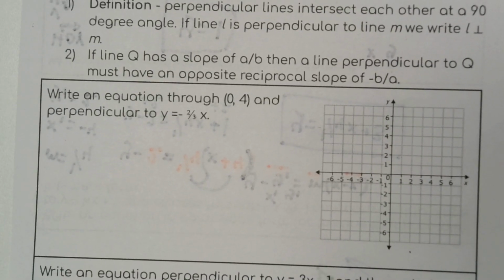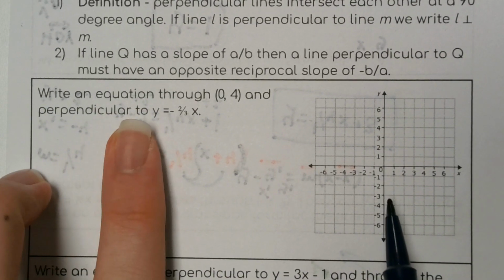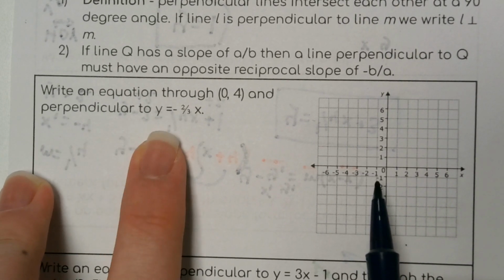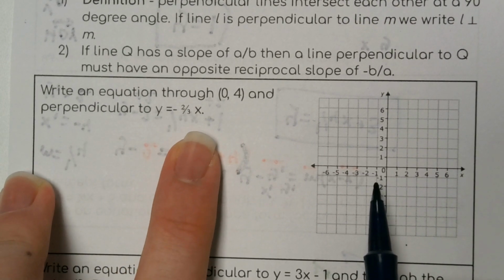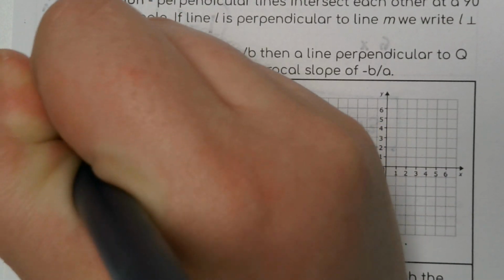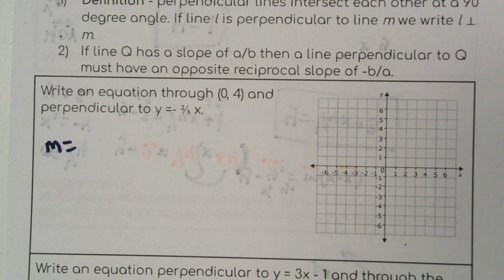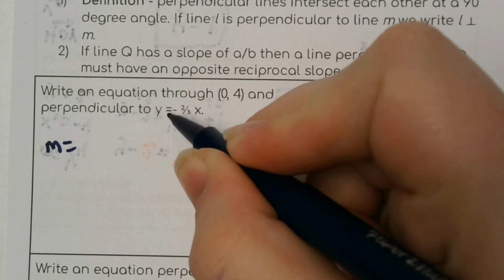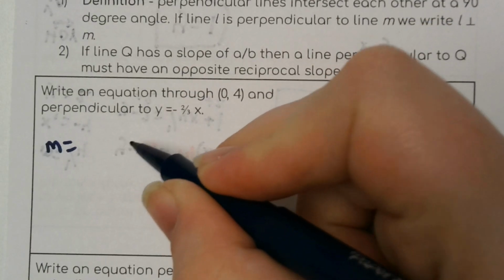So we want to write an equation through 0, 4 and perpendicular to y equals negative 2/3 x. So my new slope, I'm going to flip the fraction, change the sign. It's already negative, so it becomes positive.